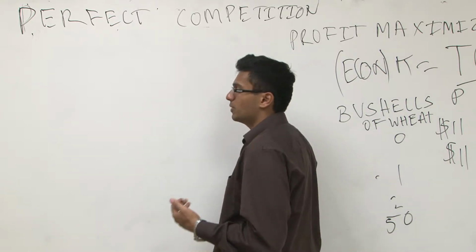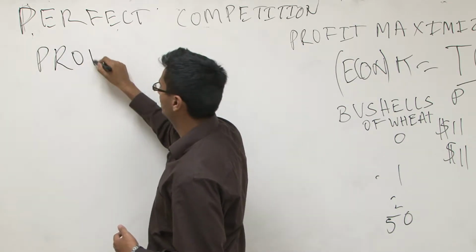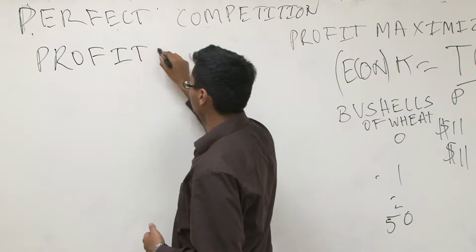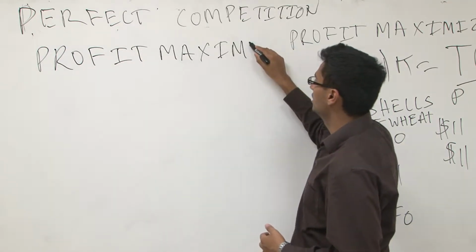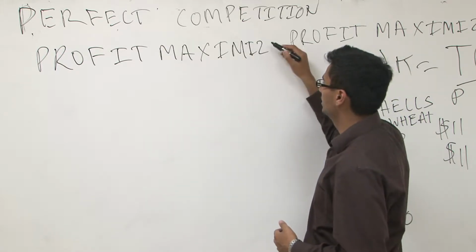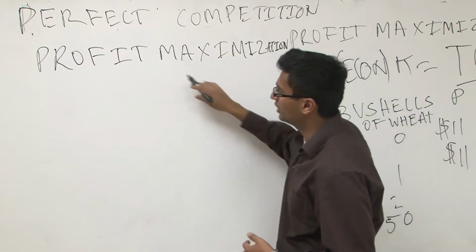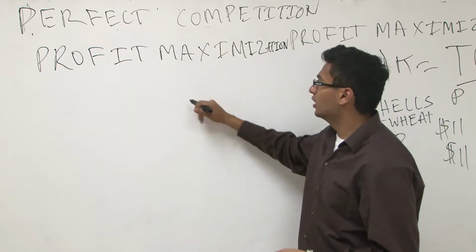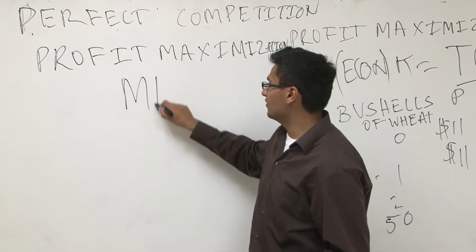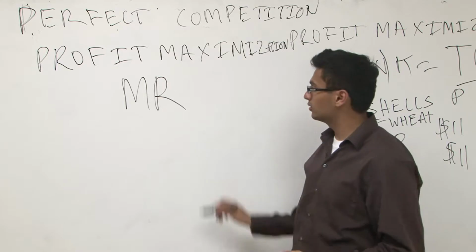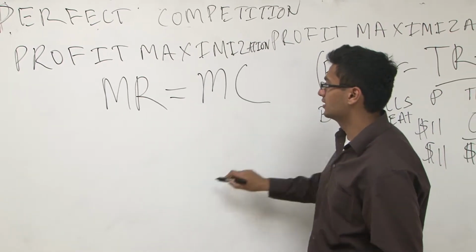You make the most amount of profit, so profit maximization, whatever, I'm trying to fit the whole word here, but you get it, profit maximization, okay, occurs when your marginal revenue, MR, is equivalent to the marginal cost.